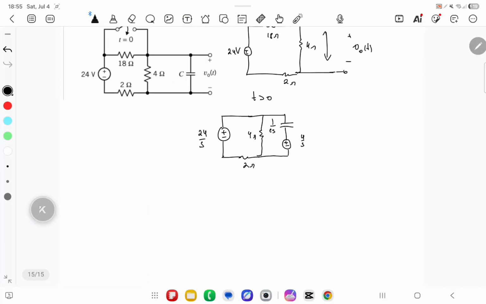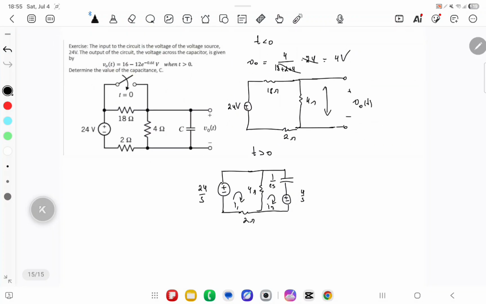Okay, so this can be solved using mesh current methods, I1 and I2, and this becomes rather simple because it's just a set of linear equations.